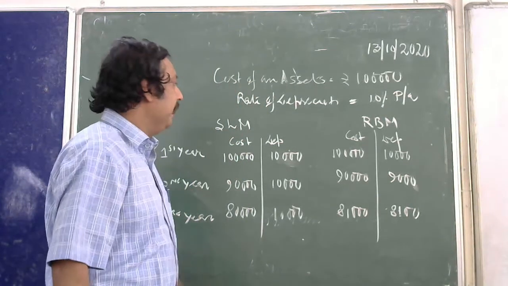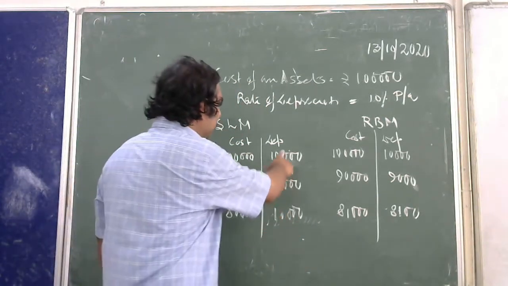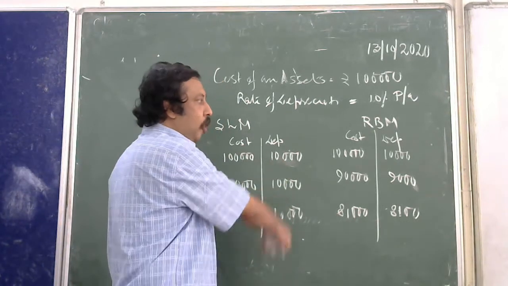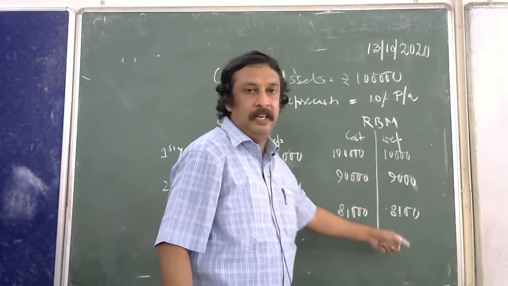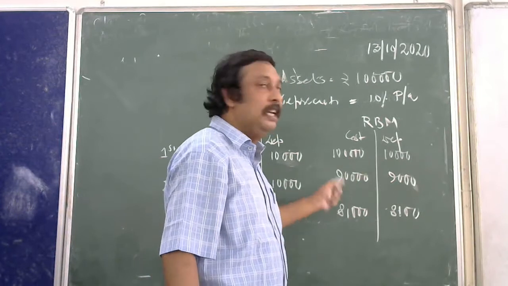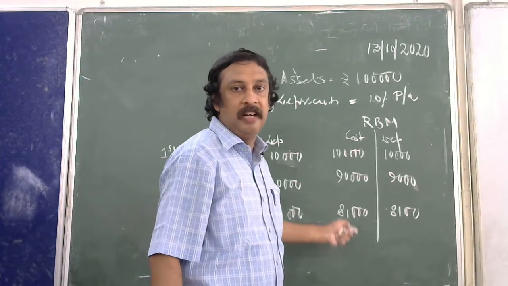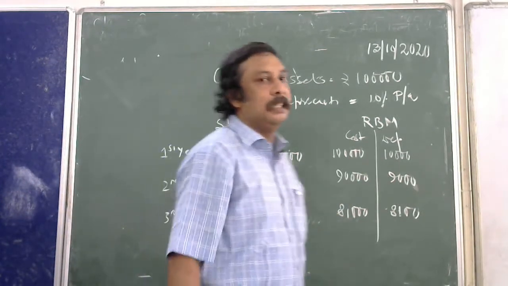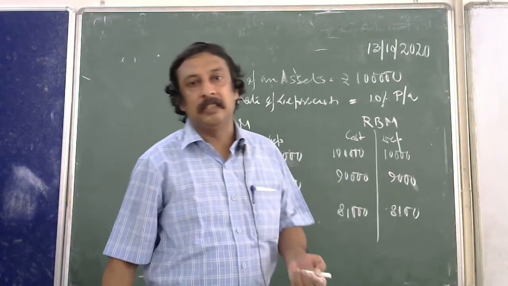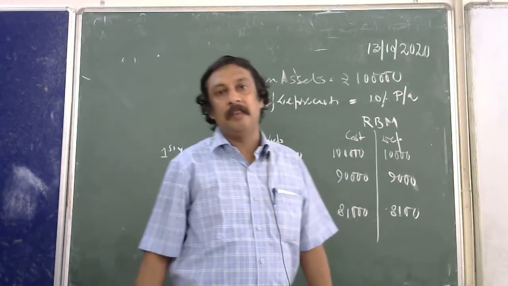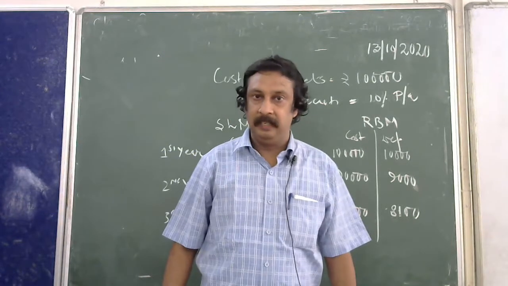So if we compare, here the depreciation remains the same, uniform. Here the depreciation reduces because it is calculated on the reduced value of the assets, or on the written down value of the assets. These are the two methods. One is the straight line method and the other is the reducing balance method.